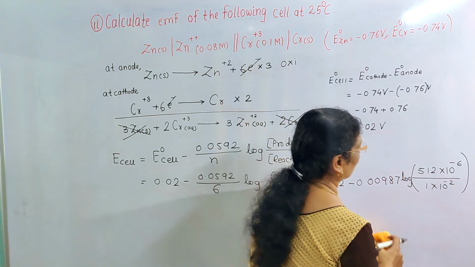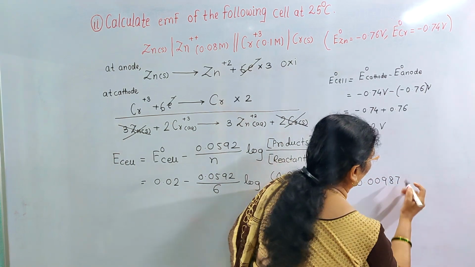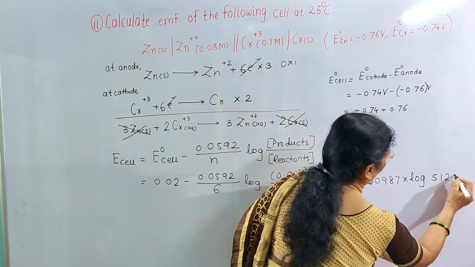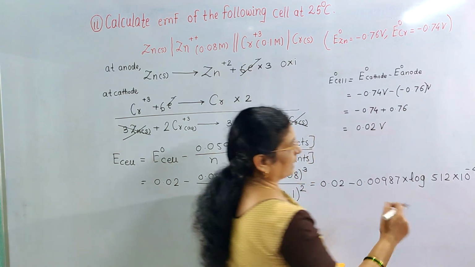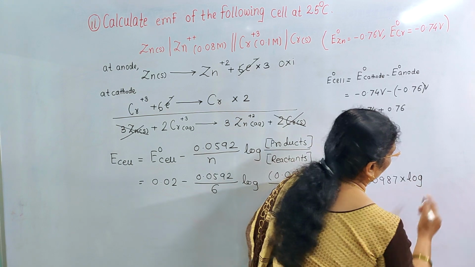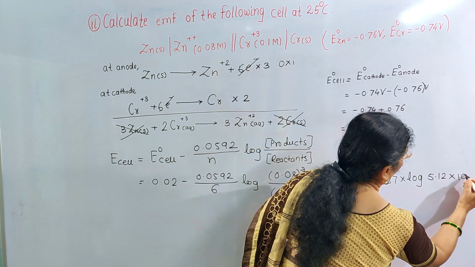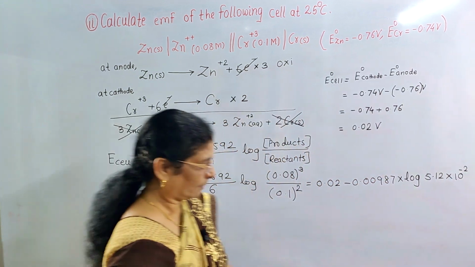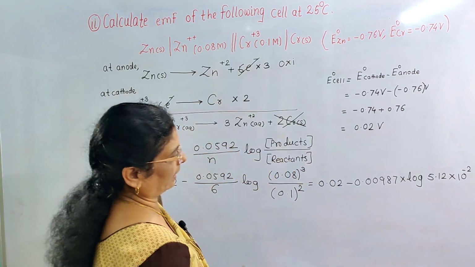This will become 10 raised to minus 4, and so here I will write it again into log of 512 into 10 raised to minus 4, that is 5.12 into 10 raised to minus 2. So log of 5.12 into 10 raised to minus 2, this value we have to take here.